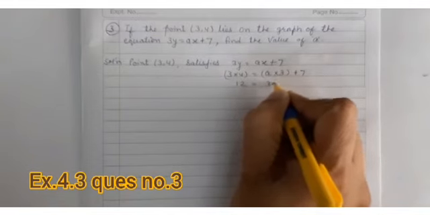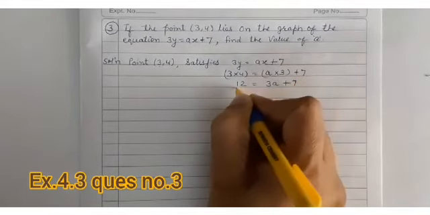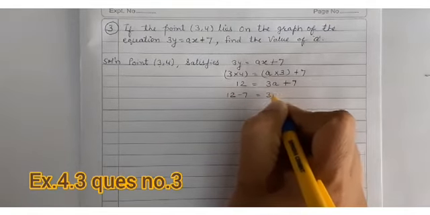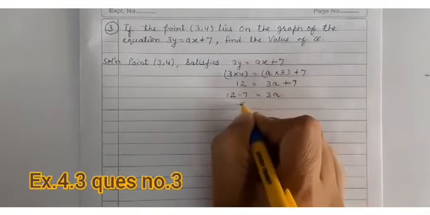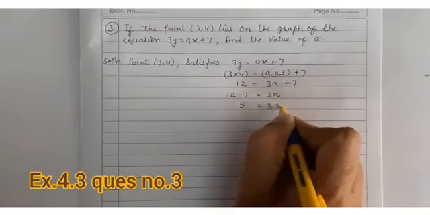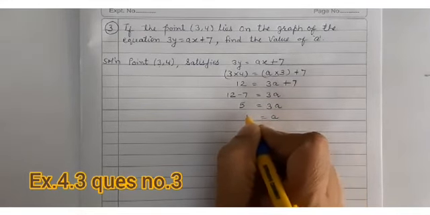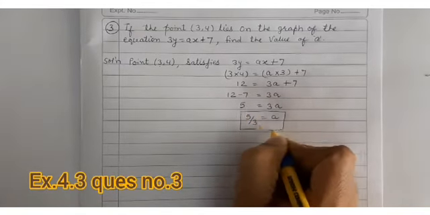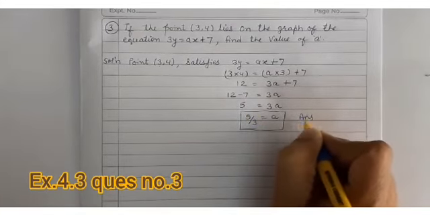This is 3a plus 7. Okay, 12 minus 7. This is 3a. Then 5 is equal to 3a. What is a then? 5 upon 3. This is your answer.